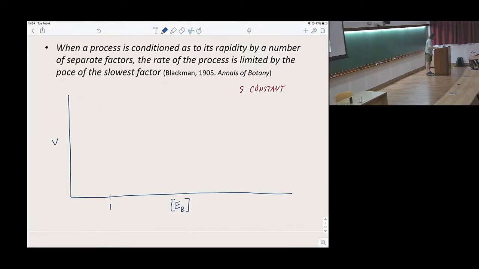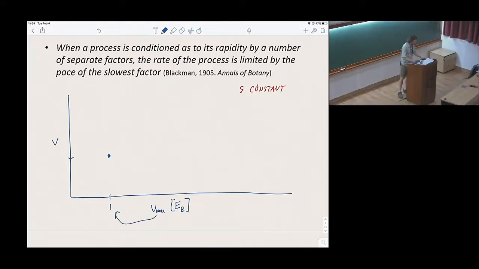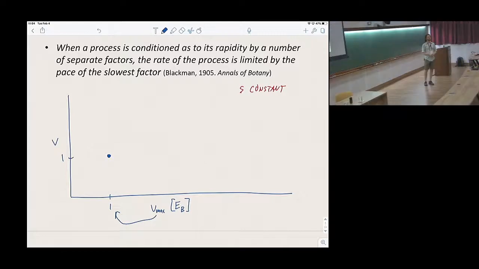So if it has a Vmax of 1, so that's your flux right now. What would happen if I were to make it go higher? What if it was 0.9? How fast could this pathway work? 0.9. If it was 0.1, it could work at 0.1. What if it was 2?